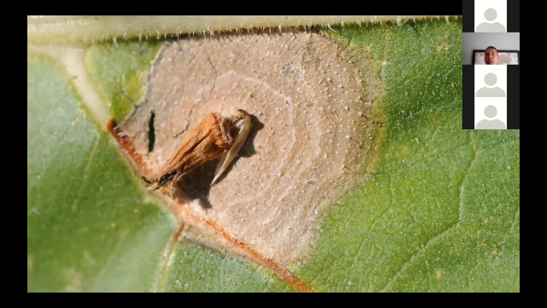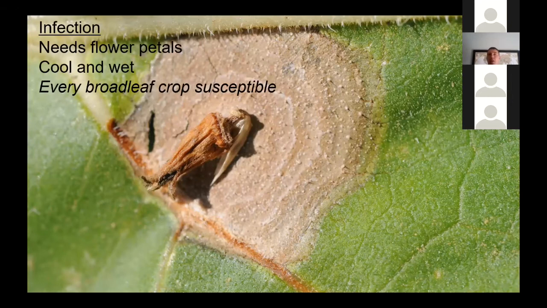They need that blooming tissue. They need those florets. I'm showing you an example here of a sunflower field. I'm in the sunflower field, I grab the sunflower leaf, there's this little floret on the sunflower leaf, and you can see that a spore had landed on that, started digesting that flower, and then it spread into the healthy green tissue. That's the way it works for all of these crops.